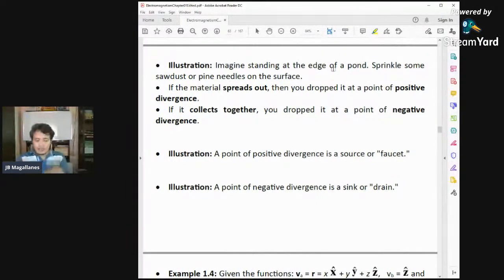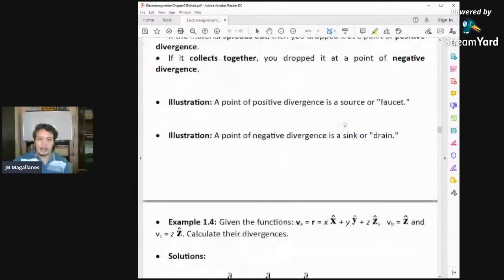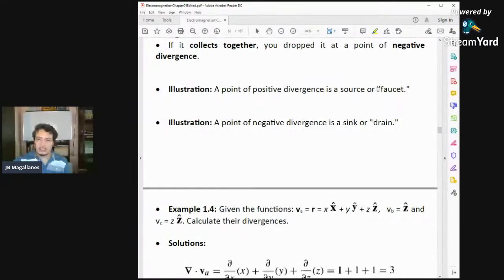And if you have a sink, the water will converge in the sink, and that's what you call negative divergence. Positive divergence is like a faucet, and negative divergence is like a drain or a sink.